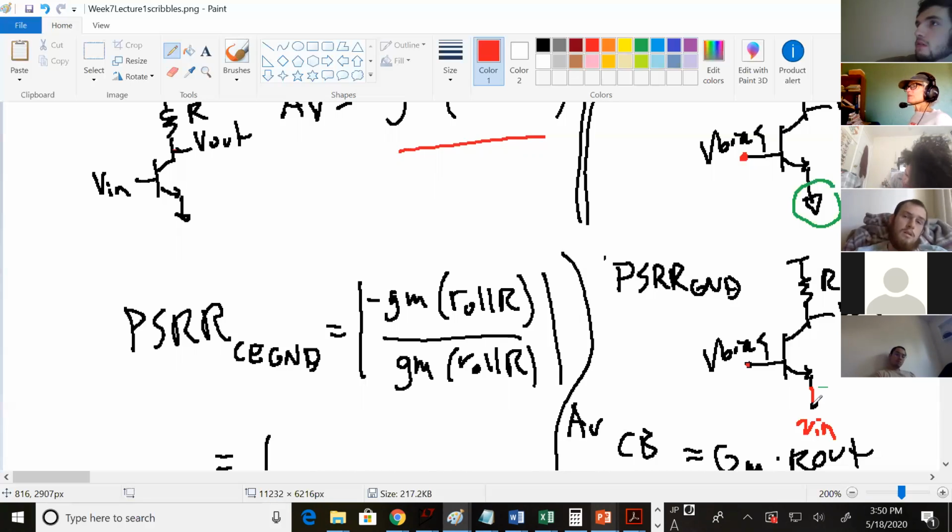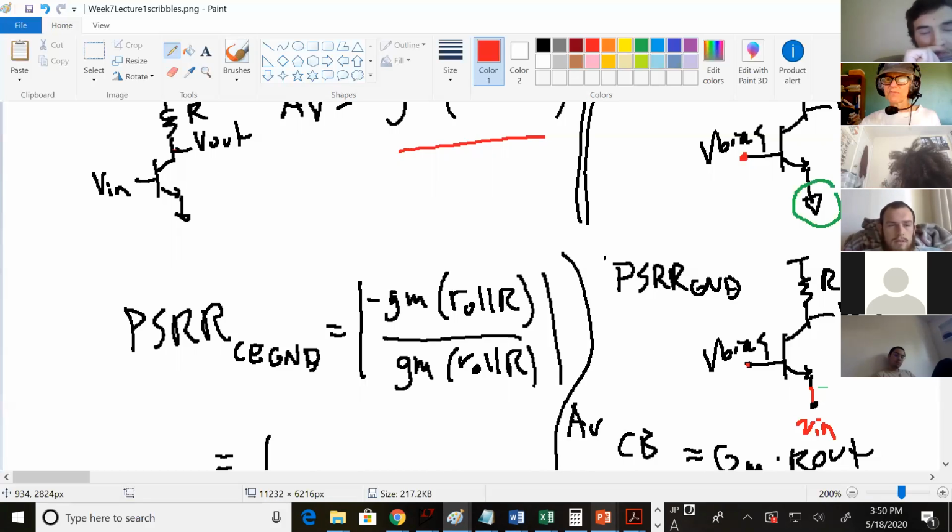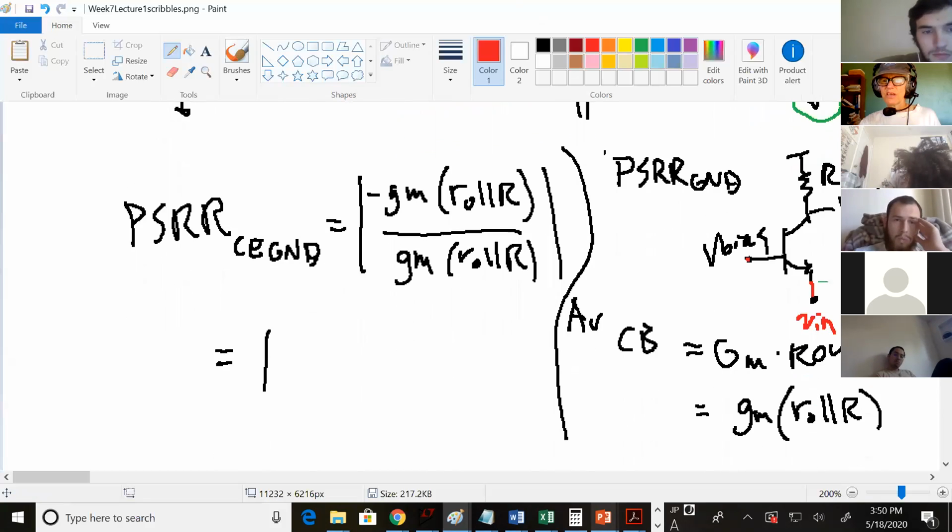What's R out approximately, using the quick method? RO in parallel with R. Perfect. And what's gm? Just little gm, exactly. And is there a minus sign or not? No, because it's a non-inverting amplifier. So you have the gain of the common base.